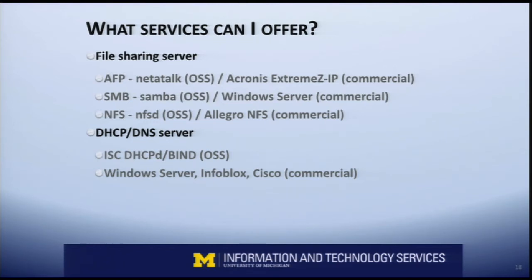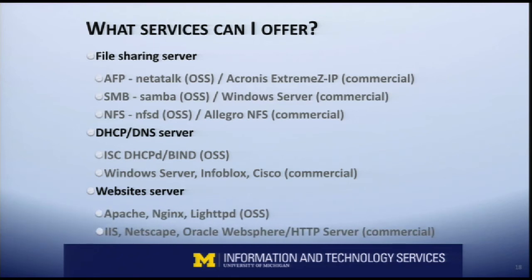It's the ISC, Internet Systems Consortium. Forget their name, Security Consortium. So these are all open source tools. And then for commercial implementations, Windows Server obviously offers these services. There are dedicated tools like Infoblox that let you do large-scale DHCP and DNS management as well.